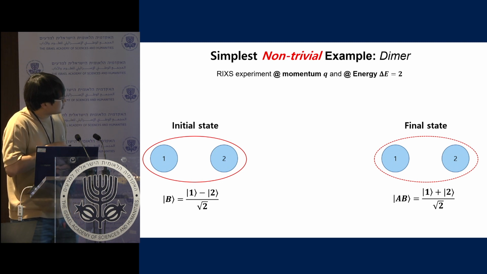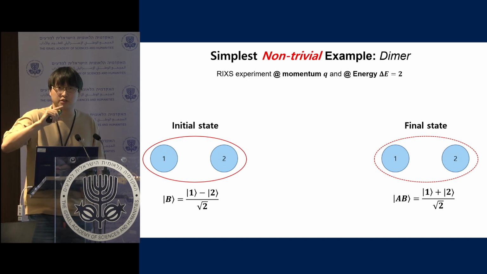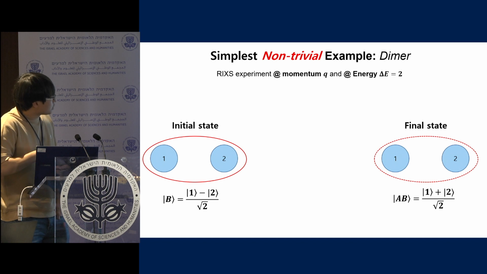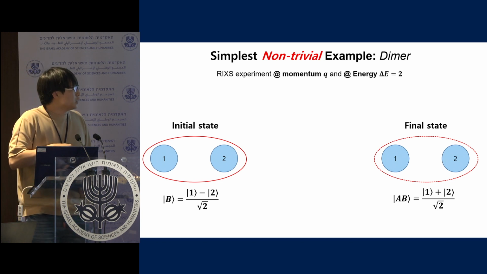Now I'm going to consider the scattering process where I transfer momentum q and energy 2t, which is the energy difference between the bonding state and anti-bonding state. The initial state is the ground state, but for the final state, Fermi's golden rule tells you there is only one state, which is the anti-bonding state.